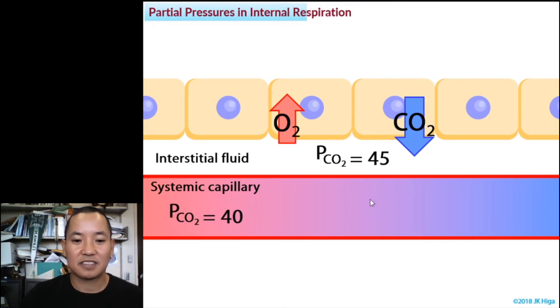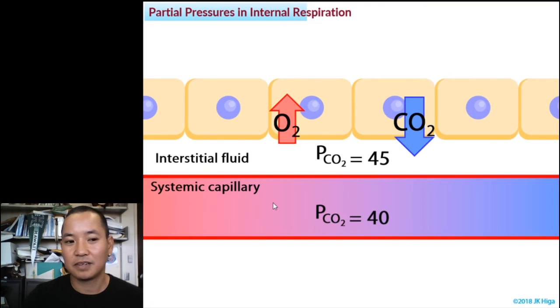When blood enters systemic capillaries from the artery side, what do we see? Well, we see the partial pressure is 40. So once it interfaces with the interstitial fluid, which way will the carbon dioxide go? Will it go toward the interstitial fluid, or will it go into systemic capillaries? And remember, this time we're talking about carbon dioxide. So which number is bigger?